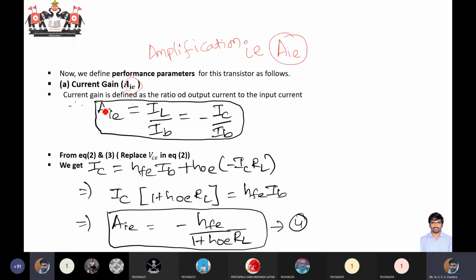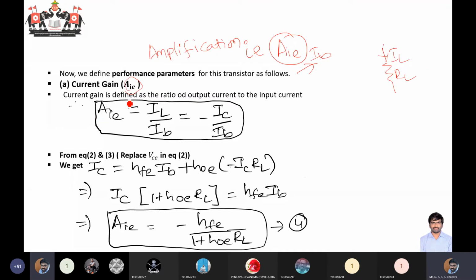So AIE is nothing but the ratio of the output current to the input current. The output current is the current through the load resistor, and the input current flowing into the circuit is IB. So it's a ratio of IL to IB.